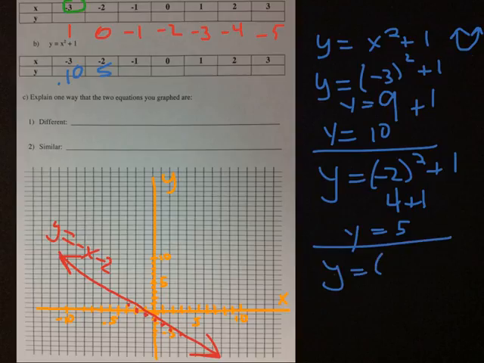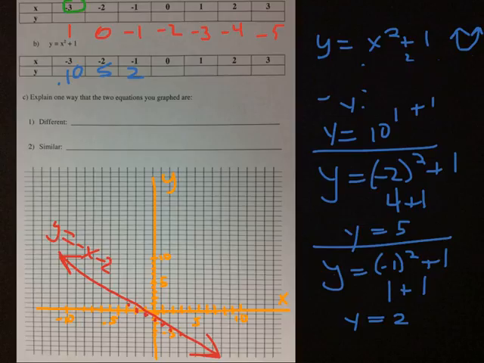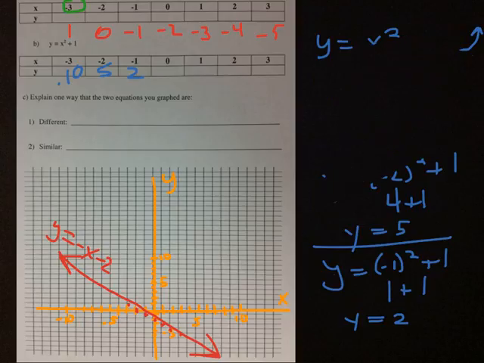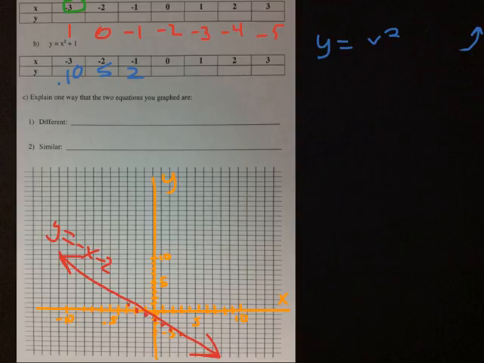And then I have y equals negative 1 squared plus 1. Well, negative 1 times negative 1 is positive 1, plus 1 is 2. So when x is negative 1, the y value is 2. And when I plug in 0, I can just do that one in my head. 0 squared is just 0, and 0 plus 1 is 1.